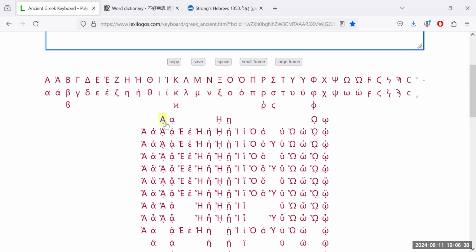But on this next line here, there's the alpha with the iota subscript. So when you're doing the dative singular form, you need to go to this one here. Like for doulo, to a servant, doulos, but it takes on the omega iota subscript on the end. Okay, so just make sure you can see that.